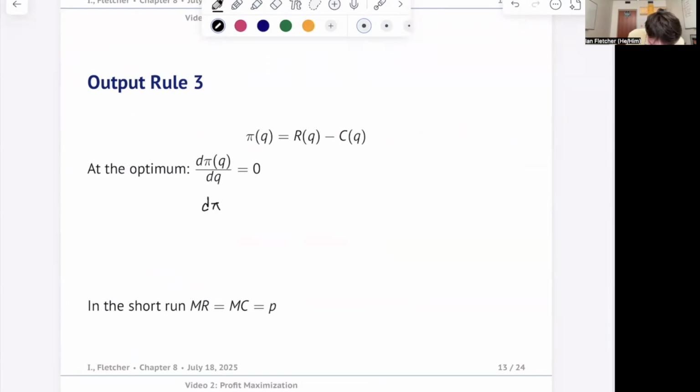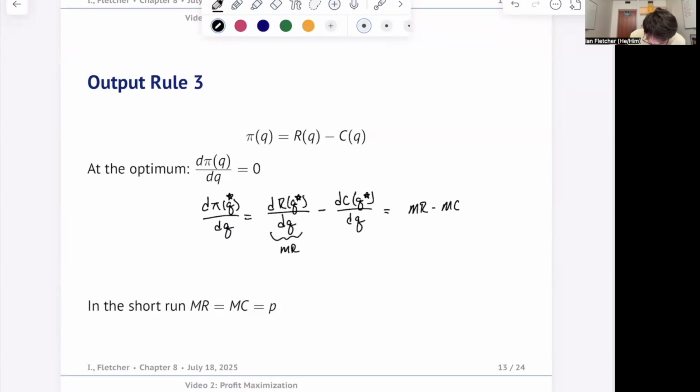Taking d pi of Q star over dq is the same thing as taking dR of Q star over dq, minus dC of Q star over dq. This is marginal revenues, and this is marginal costs. If that's equal to zero, then we know that marginal revenues must be equal to marginal costs.